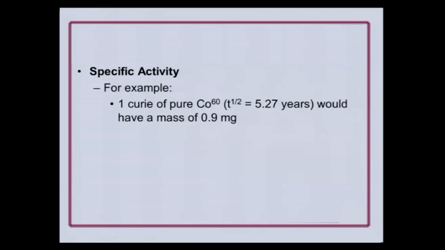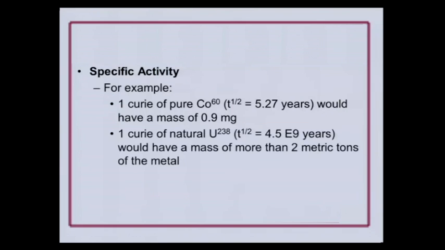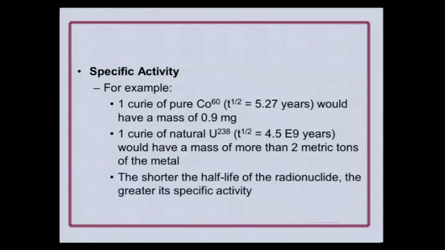Not very much at all. 1 curie in a very small amount. But now I take a look at the same measurement, 1 curie of uranium-238, and its mass would have to be more than 2 metric tons. Considerably different. And so we look at it in terms of specific activity, which would really put us into more normalized terms, I guess is the way of looking at it.